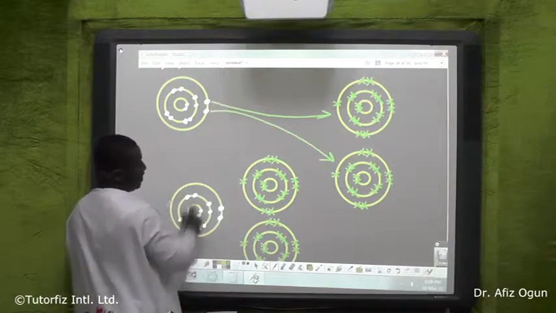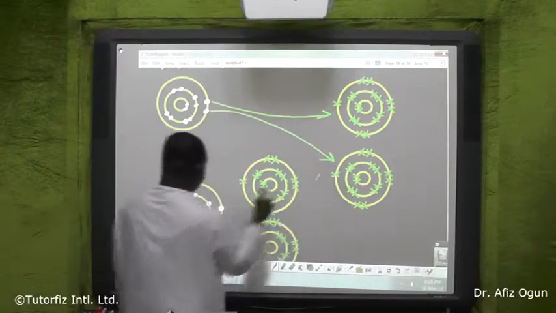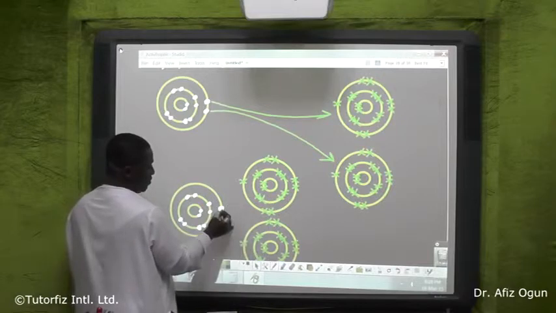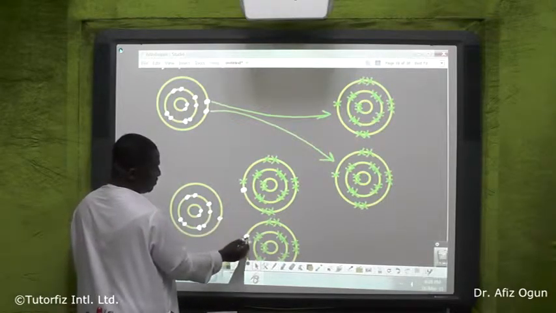So the electron moves here, electron moves here. So this guy now becomes this, and this guy becomes this.